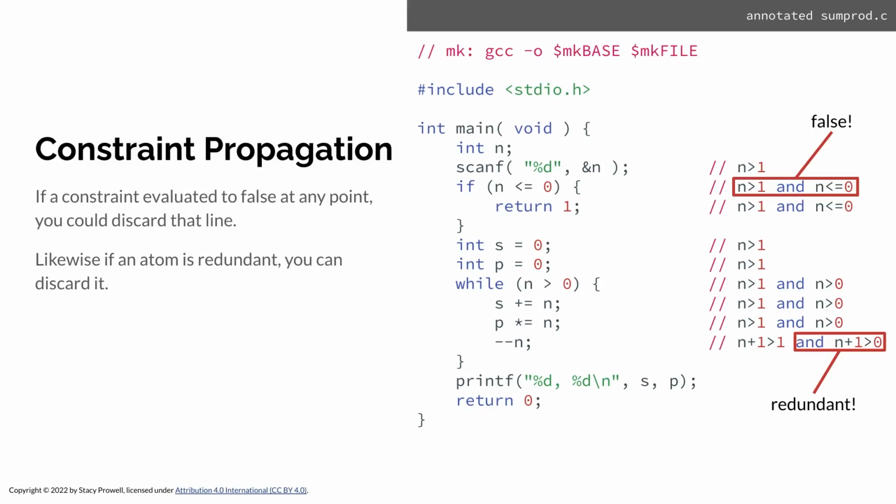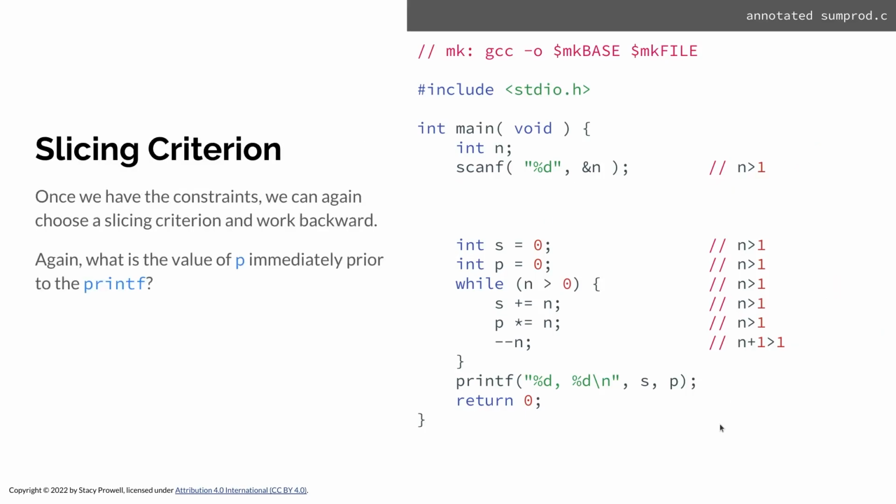If I have one set that's entirely contained in another, I want the smaller of the two sets. So I can throw away redundant atoms. I do that work, and I wind up with this. And that's handy. And so now I am ready to slice.